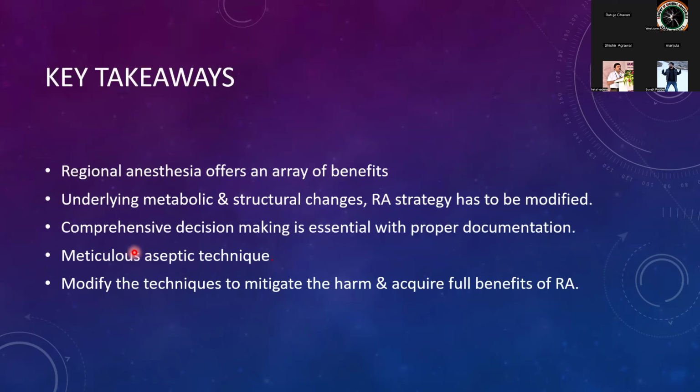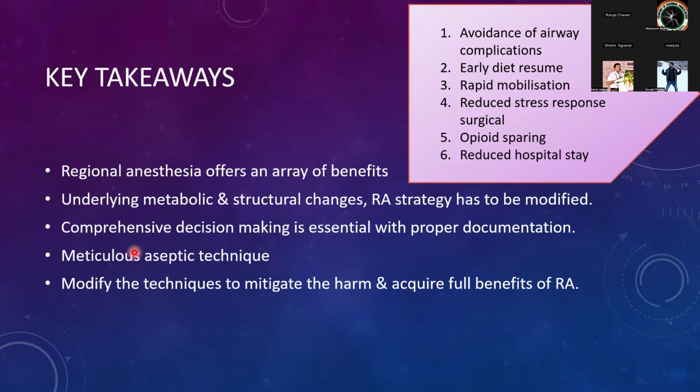So my key takeaways in this presentation would be that regional anesthesia does offer an array of benefits like avoiding airway complications, early diet resumption, rapid mobilization, attenuating the stress response to surgery, and opioid sparing, all these leading to reduced hospital stay.